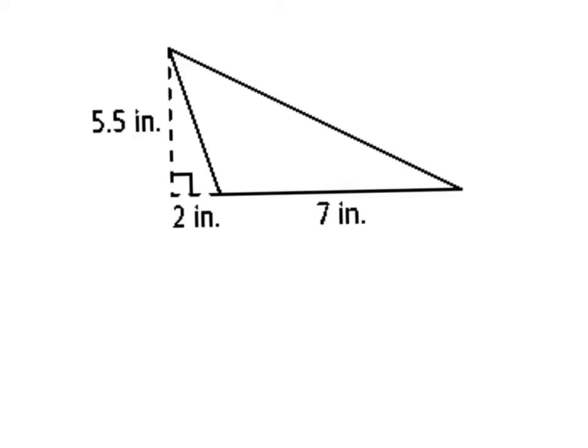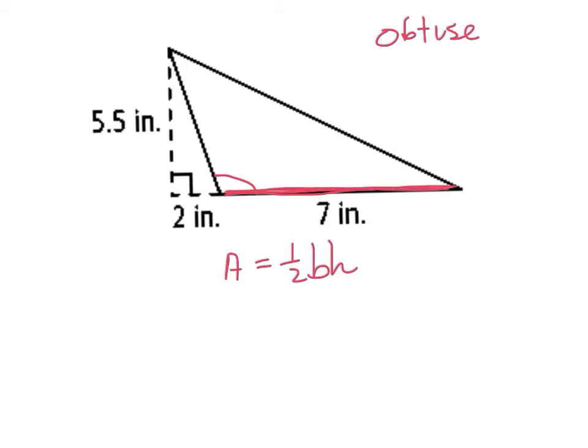This triangle is obtuse. It looks a little different than the other examples. It's obtuse because it has one angle that's larger than 90 degrees. So we're finding the area of this. The area is still 1/2 the base times the height. But here the base is that 7, and the height is the 5.5.